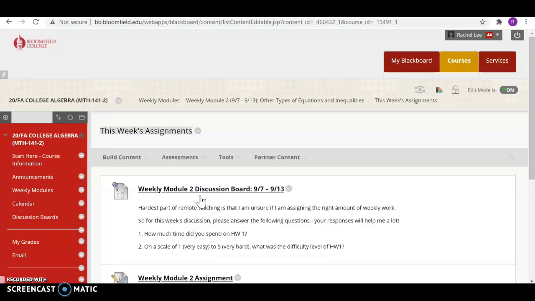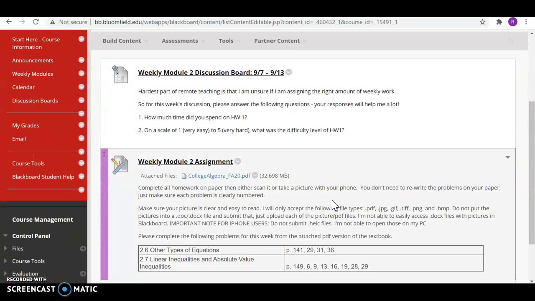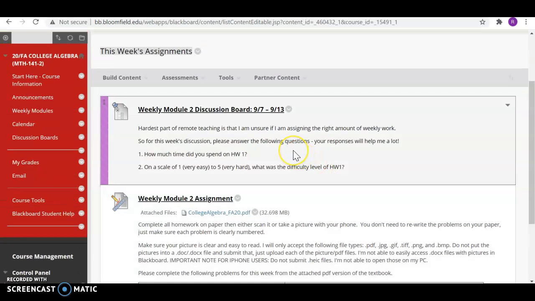For this week's assignment, we have the discussion board. For this week, you have to answer two questions. First question is, how much time did you spend on homework 1? Second is, on a scale of 1 being very easy to 5 very hard, what was the difficulty level of homework 1? I guess the hardest part of remote teaching or planning is that I don't know if I'm assigning the right amount of work for students every week.